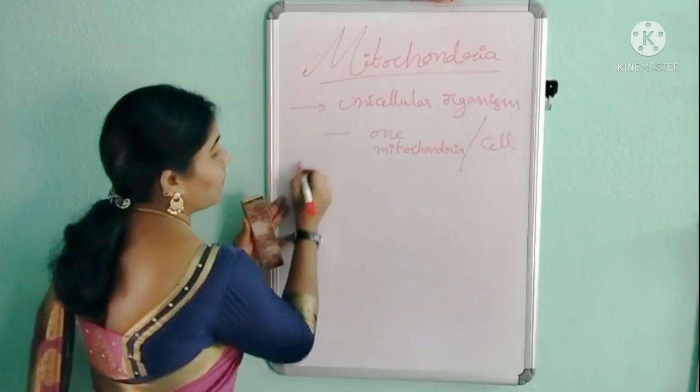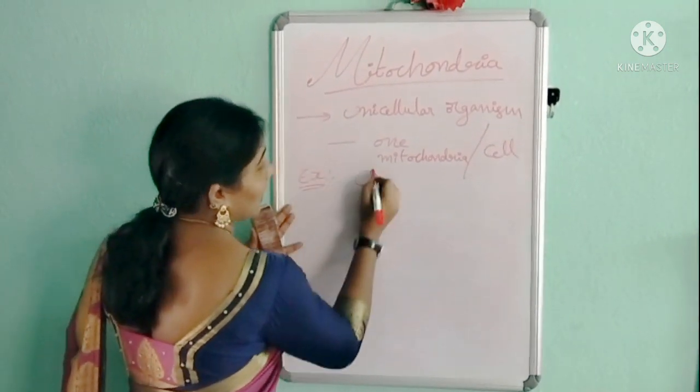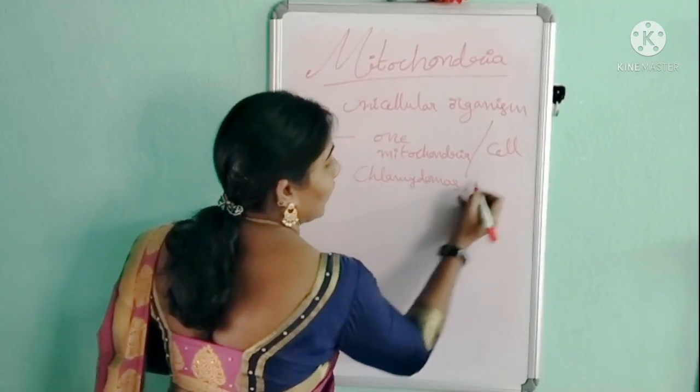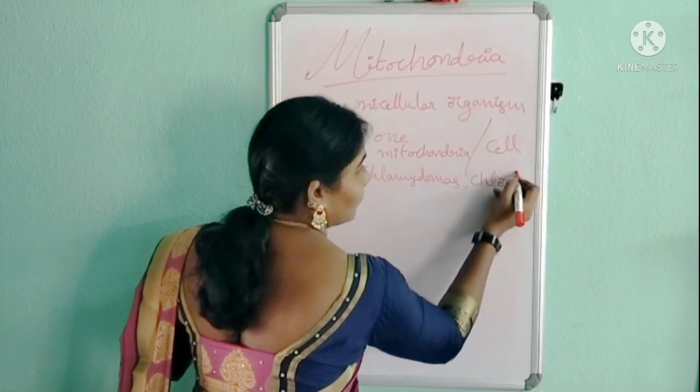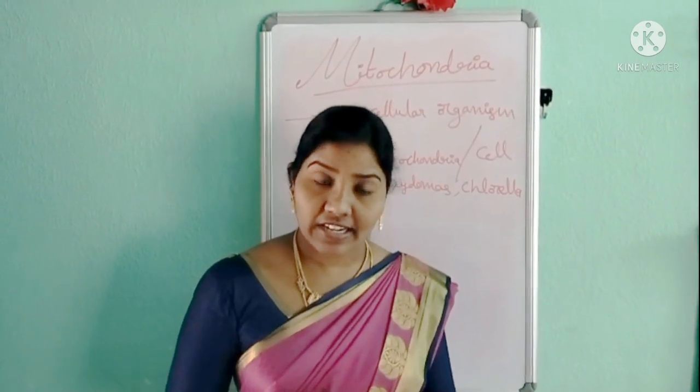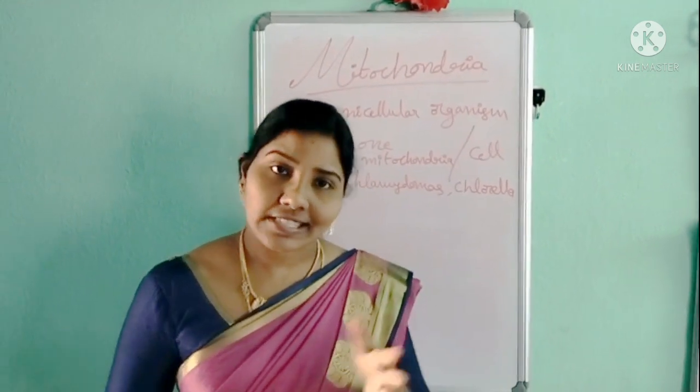For example, Chlamydomonas and Chlorella. These are examples of unicellular organisms, and they have mitochondria in a single form.